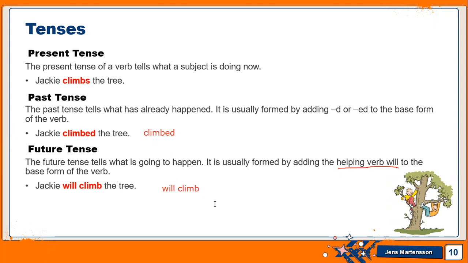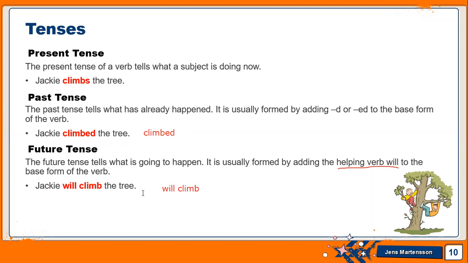Okay, so again, we have three tenses, same action. Present tense happening now, past tense happened before, and I add D or ED. Now I add D for words that end with an E, and I add ED for words that do not end with E. So every regular verb in the past tense should end with an ED.